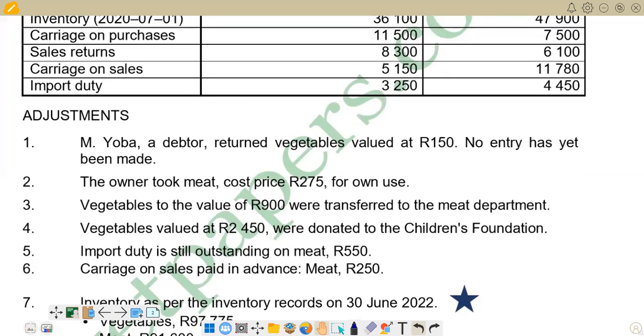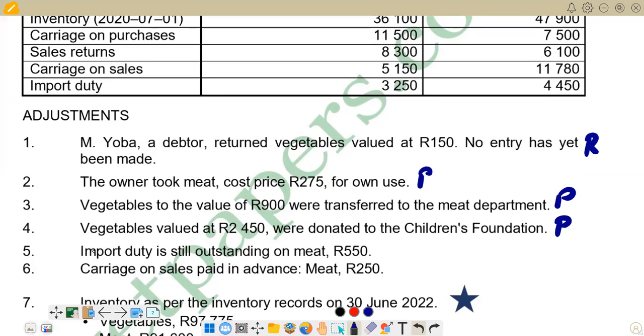Here we can just indicate in front that this one is going to be adjusted for purchases, and also this one, and this one, the owner took meat for, this is also purchases again for meat. And then this one is going to affect the revenue or the sales. So that's what we have there.